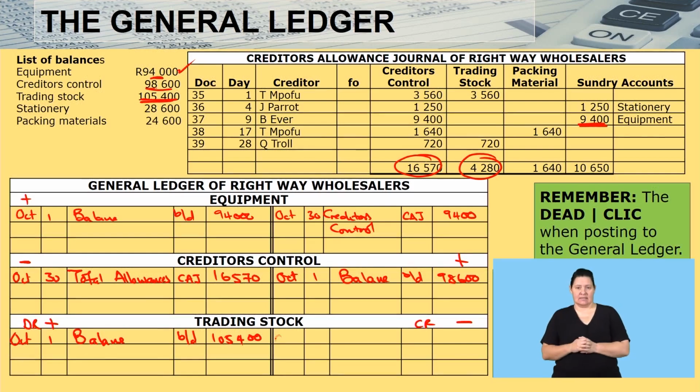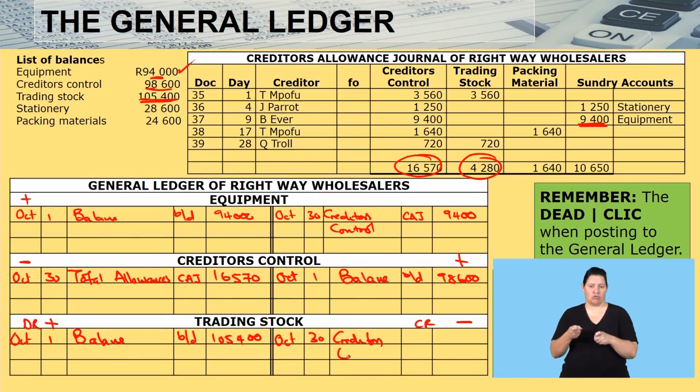So I'm coming here, I will say October 30, creditors control. And this is from the CAJ. How much am I bringing? 4,280. So it is very important that in either your asset or your expense account, you are going to credit it when you're posting from the creditors allowances journal.